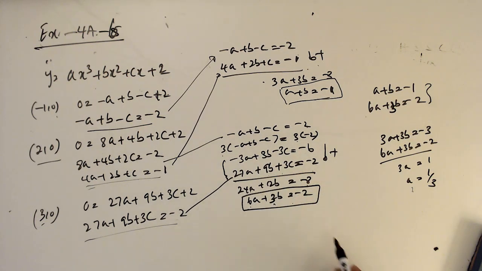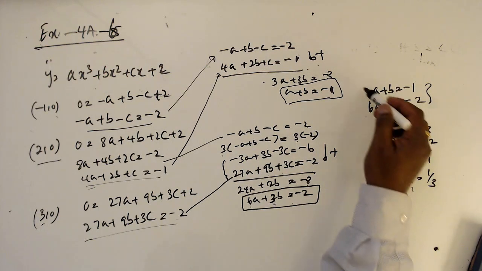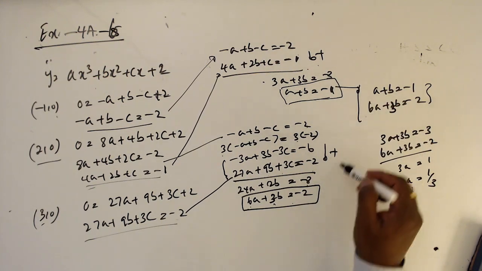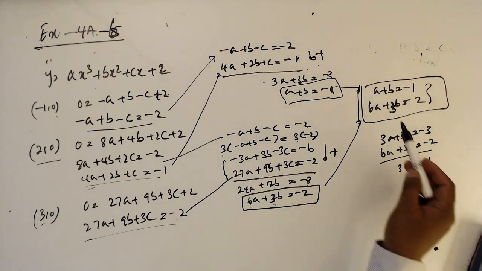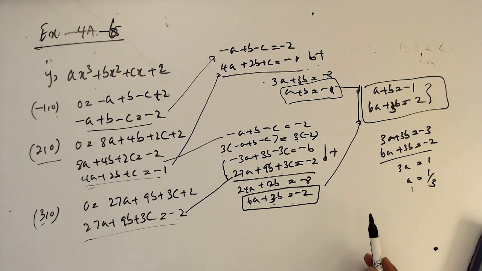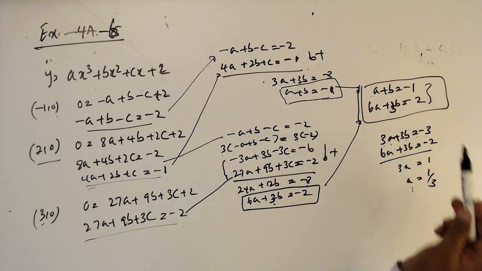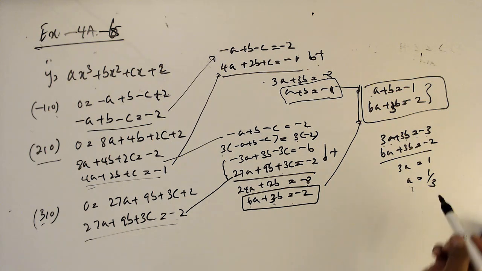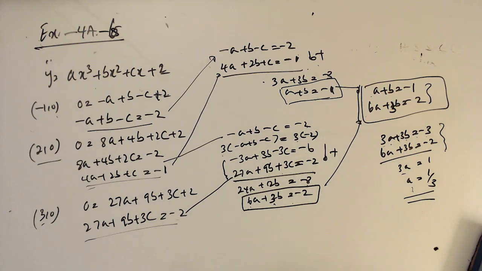I eliminate c by adding those two. Now I have two equations from here and from here. Now I can see 3b and b. My plan is to eliminate 3b now, so I multiply the top one by 3: 3a plus 3b equals minus 3. Then I solved those two and found 3a equals 1, and a equals 1 over 3.